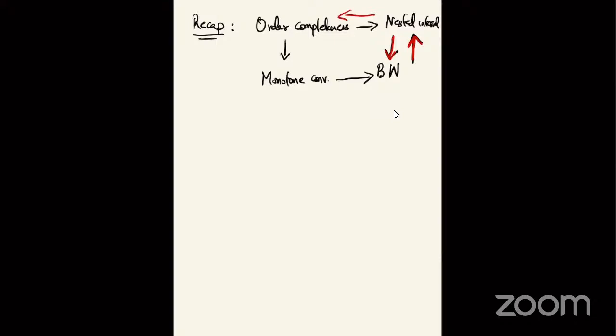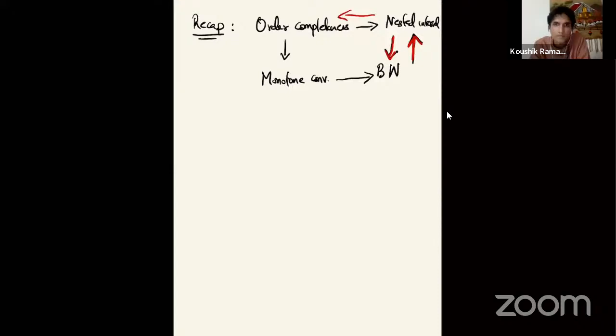There is a question in the chat box. If two subsequences of a sequence converge to the same limit, does it imply the given sequence is always convergent? Okay, but only for 2 subsequences. If you change that, that is not necessarily true.